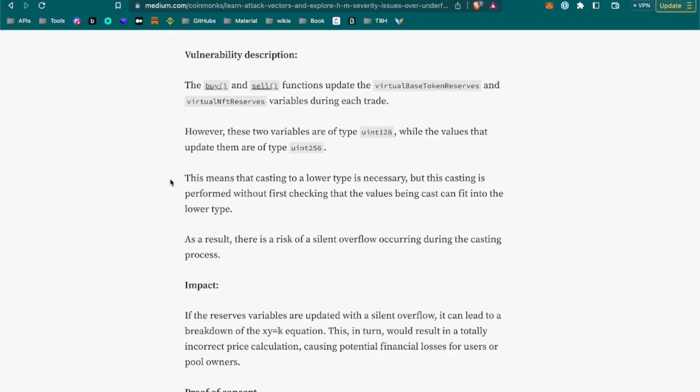As I'm saying here, this means that casting to a lower type is necessary, but this casting is performed without first checking that the values being cast can fit into the lower type. So it's like missing a verification there, right? As a result, there is a risk of a silent overflow. That's how this vulnerability is called.